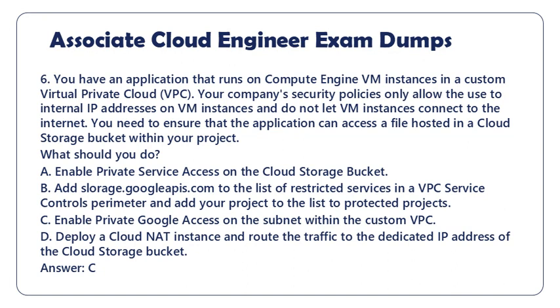A. Enable private service access on the Cloud Storage bucket. B. Add storage.googleapis.com to the list of restricted services in a VPC Service Controls perimeter and add your project to the list of protected projects. C. Enable Private Google Access on the subnet within the custom VPC. D. Deploy a Cloud NAT instance and route the traffic to the dedicated IP address of the Cloud Storage bucket. Answer: C.